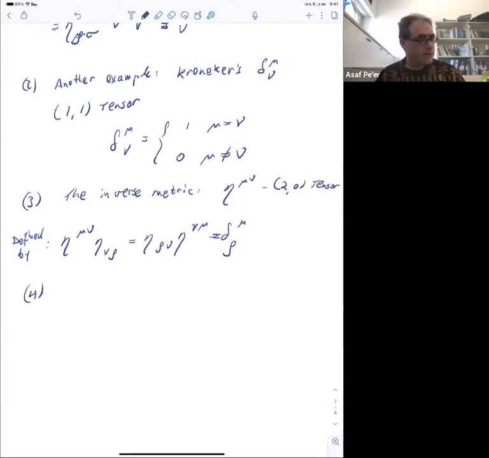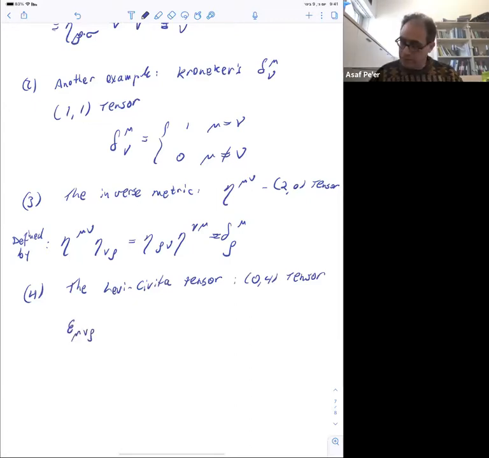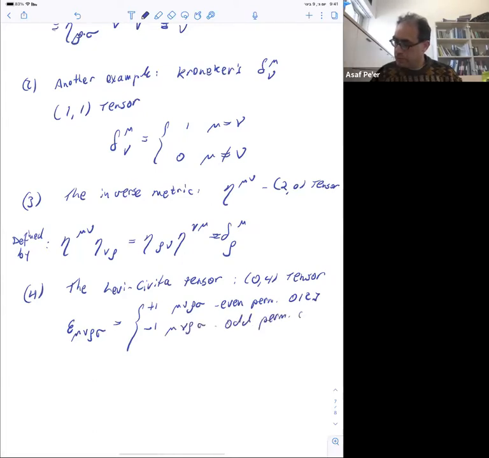The other tensor that I want to introduce is the Levi-Civita tensor. This is a 0, 4 tensor, defined by epsilon mu nu rho sigma. I guess you know it. It's +1 if mu nu rho sigma is an even permutation of 0, 1, 2, 3, -1 if it is an odd permutation, and 0 otherwise, meaning two of them are equal.